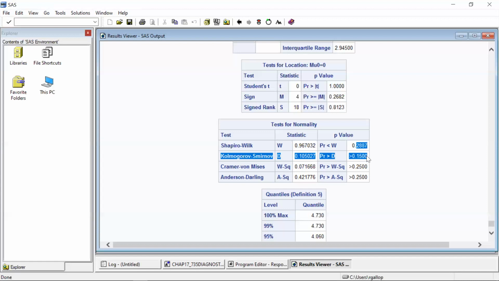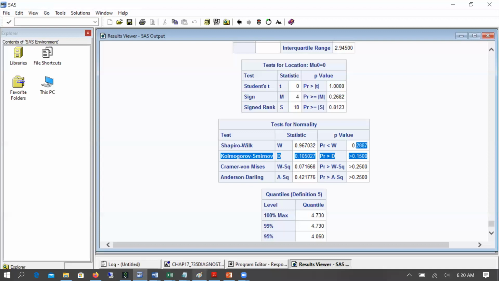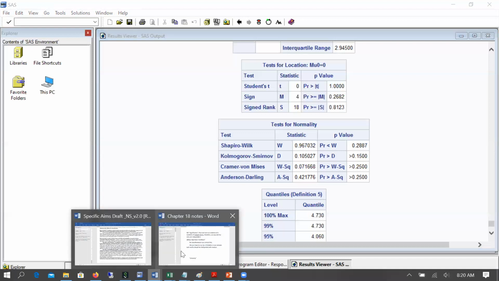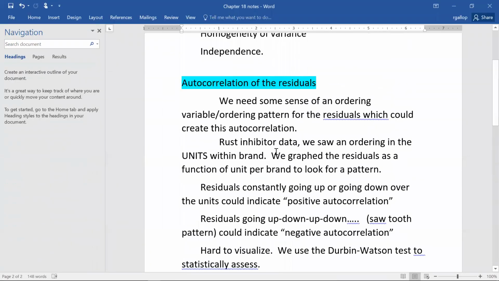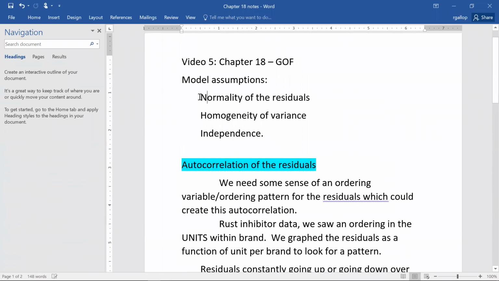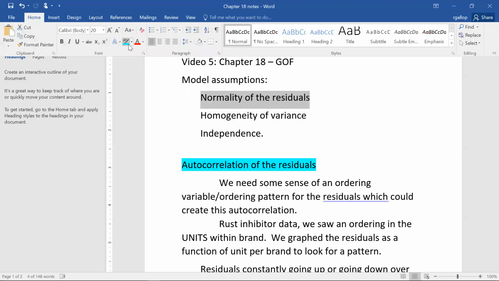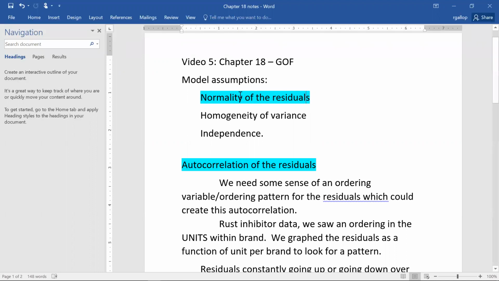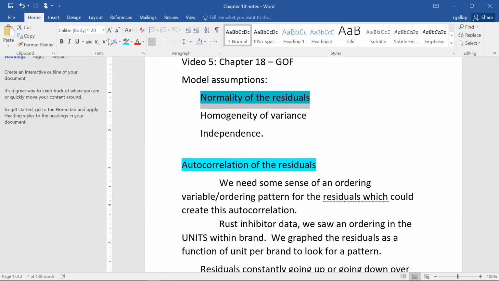So in this case here, with the normality test, we go back to these normality tests.